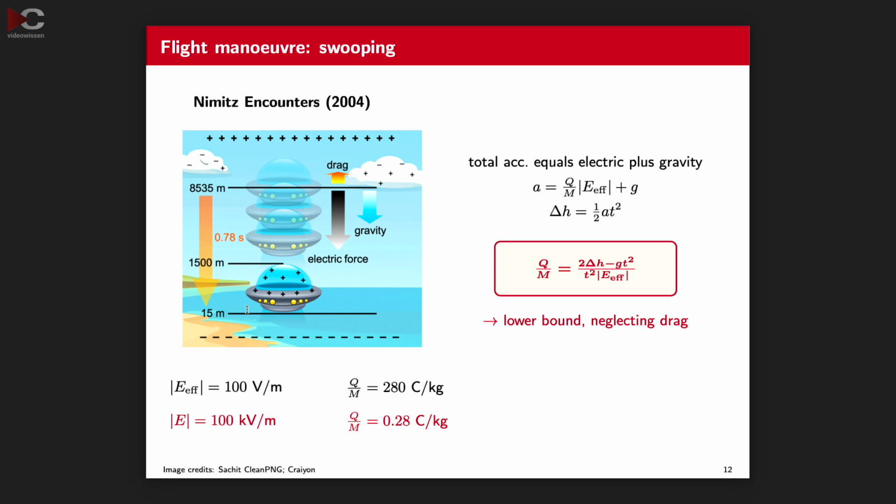But again, if I take into account the local electric field, I increase the electric field strength by 3 orders of magnitude, meaning I decrease my Q/M ratio by 3 orders of magnitude. And as a consequence, I end up with a Q/M ratio which again seems to be feasible based on what we know today as good semiconducting materials.